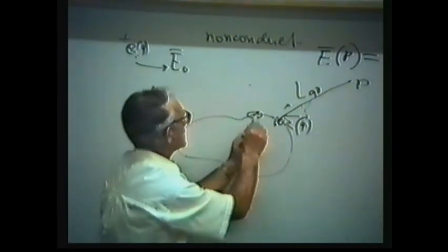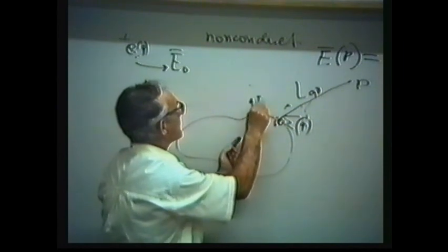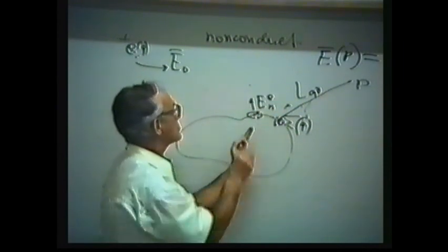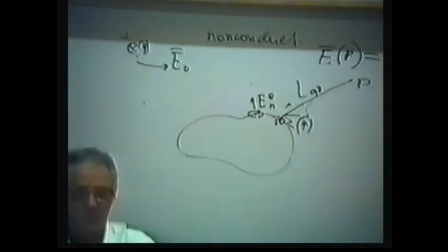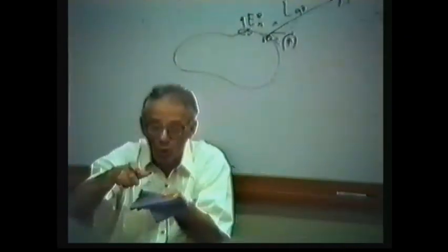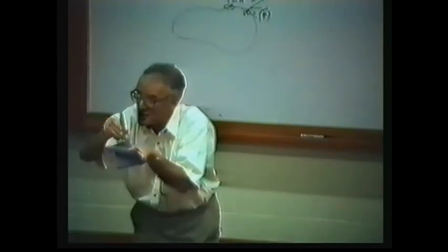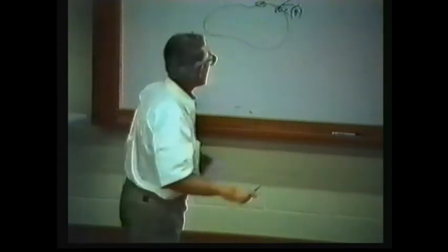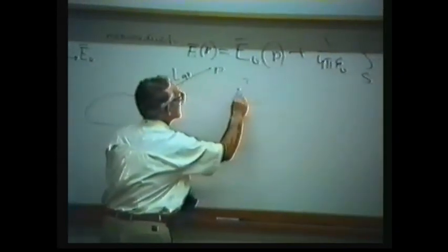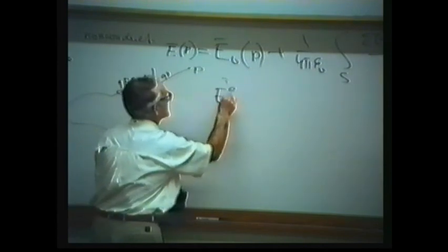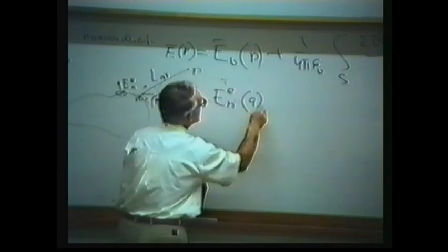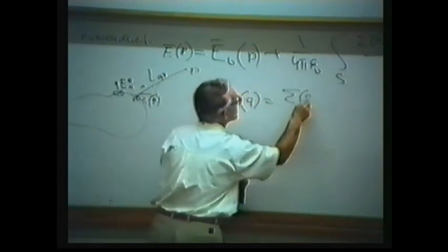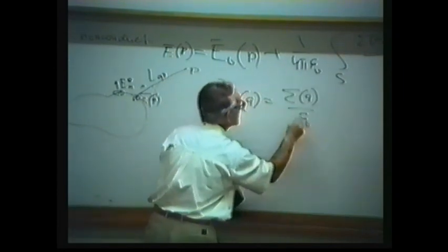So, we have a normal component of the electrical field outside of the conductor. So, if it's my conductor, inside we know 0, outside there is a normal component. We know that the normal component of the electrical field, E external, outside at some point Q equals the density of charge at this point divided by epsilon naught.